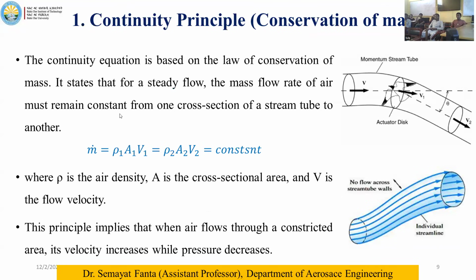What the continuity principle means is just the conservation of mass. The mass flow rate equals density times area times flow velocity. The product of density, area, and flow velocity is considered constant at every point from the point of view of the continuity principle.